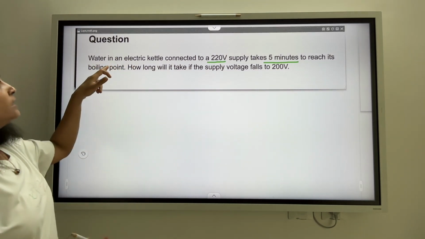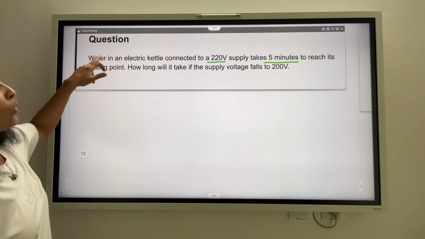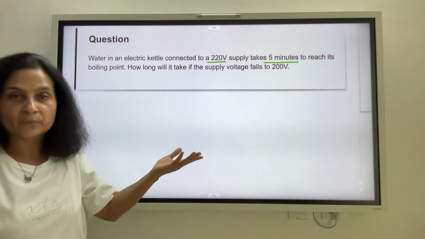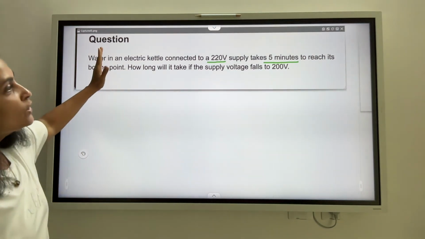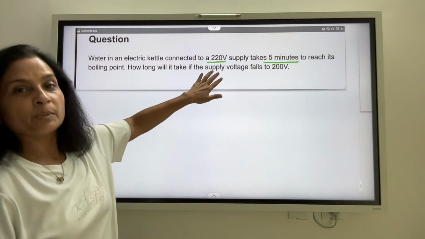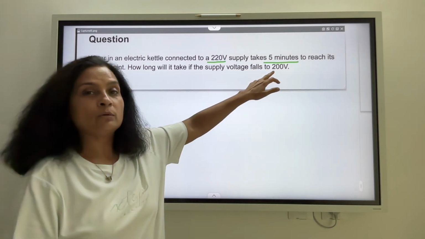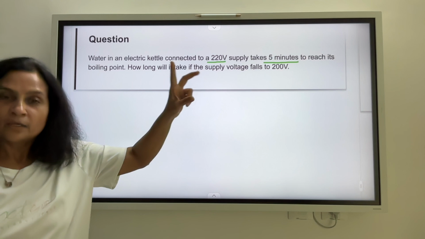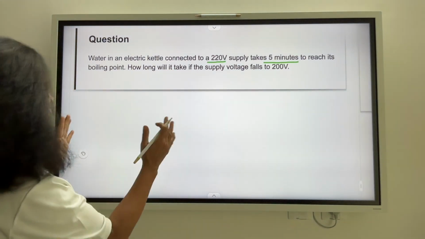जब the water in the kettle is reaching its boiling point, so we are supplying energy, right? And the same amount of energy needs to be supplied even at 200 volt for the water to reach its boiling point, right? So यहाँ हमारे पास दो conditions हैं.